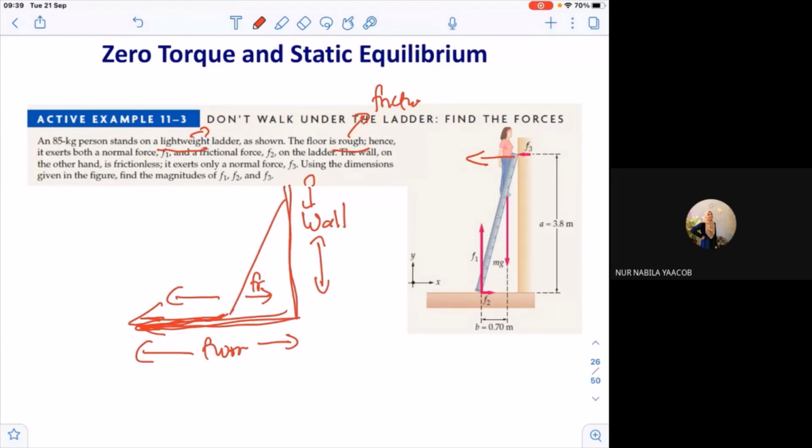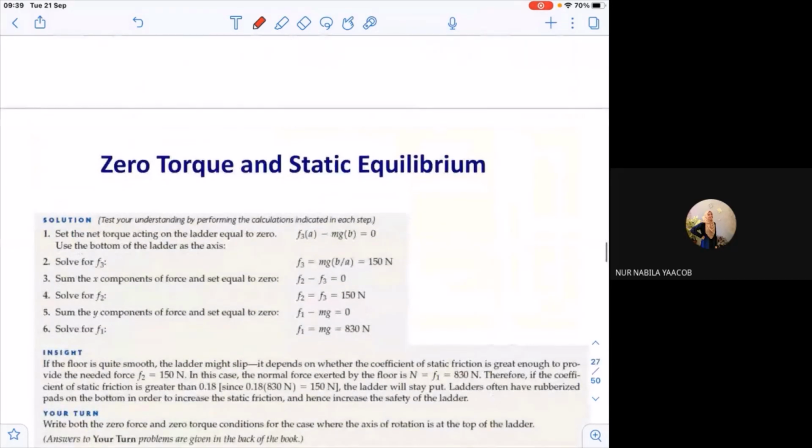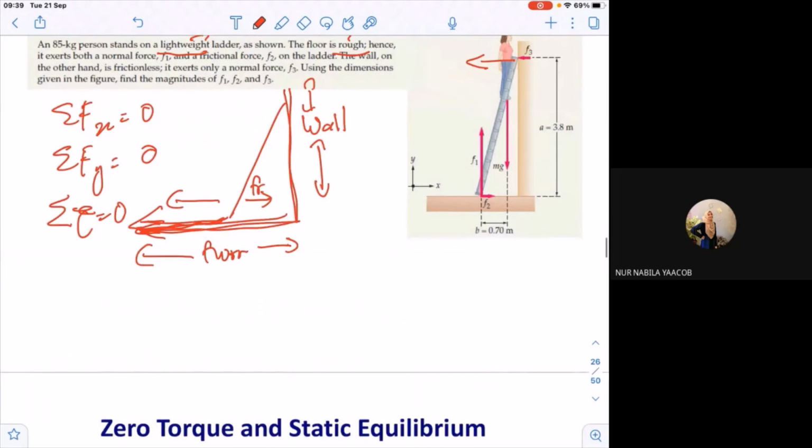Using the dimensions given in the figure, find the magnitude of F1, F2 and F3. Using what? Summation of Fx equals 0, summation of Fy equals 0, summation of torque equals 0. So in this case, how do they do it first? They use the summation of torque equals 0. Why do they use the summation of torque? Let's say this point is taken to be the axis of rotation. That means we no longer need to calculate F1 and F2, since they will be zero. We only calculate mg and F3.